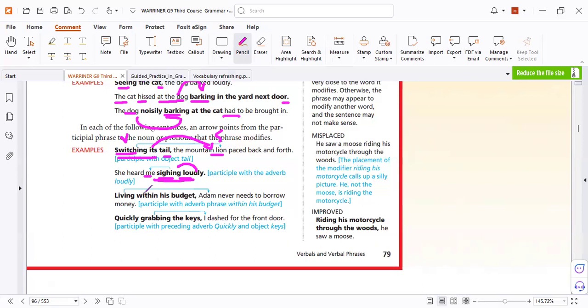Now, Joe, tell me who or what did this action? Which question? The last one? Yes, he said grabbing. Who did this action? Quickly grabbing the keys.